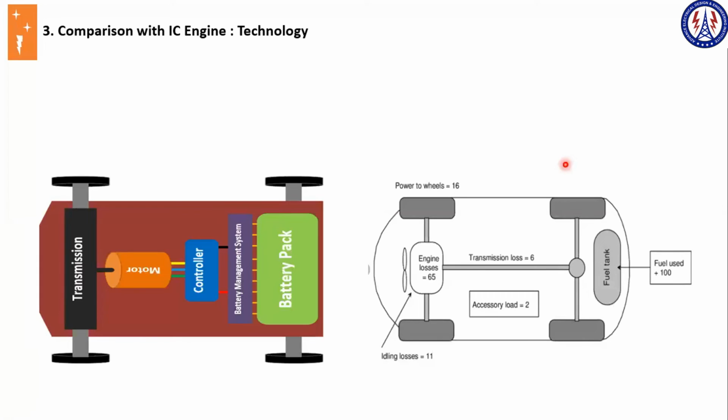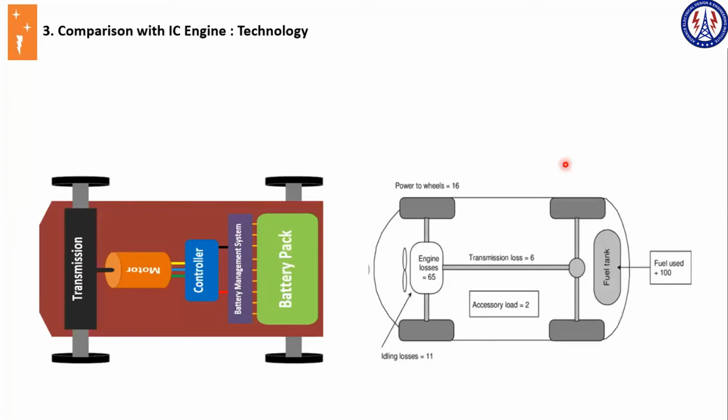On the other side, since we have a lot of moving parts, losses will be high. So yes, EV is better in terms of efficiency, but again we have the factor of the battery itself, which may impact the performance of the car, depending on the fabrication of the battery.